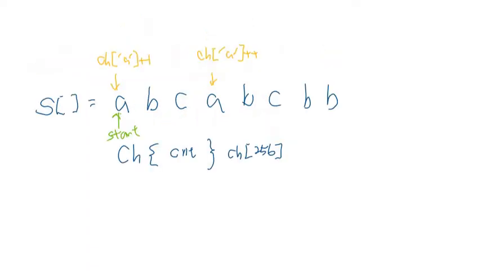Let's see the description. We first counted A at this point, and the second we count A again at this point. So we know that the character A is repeated twice by checking the character array's count variable having more than 1.